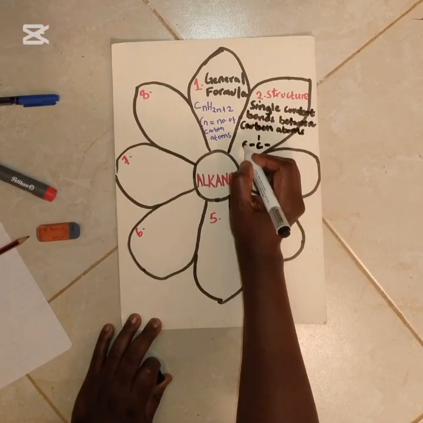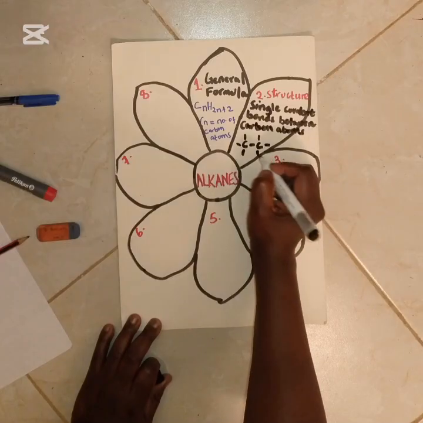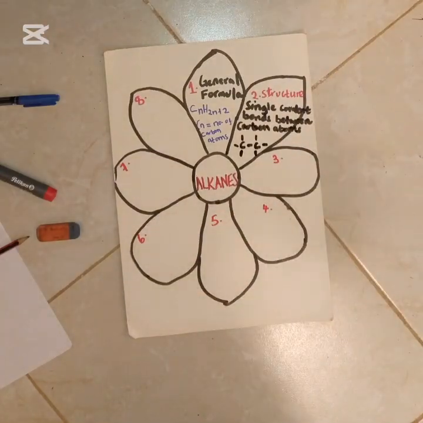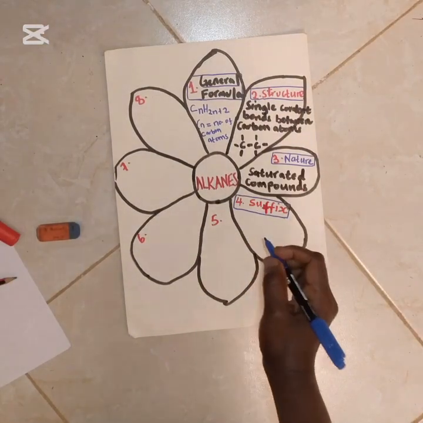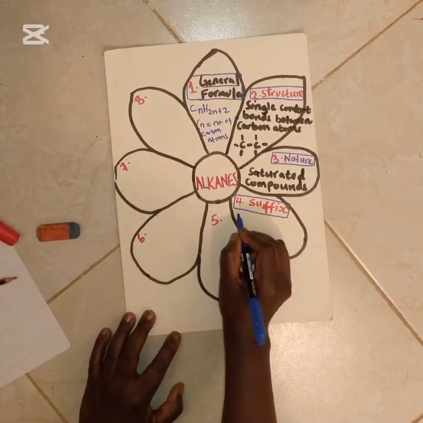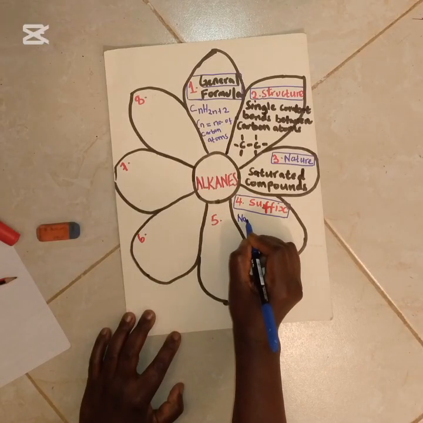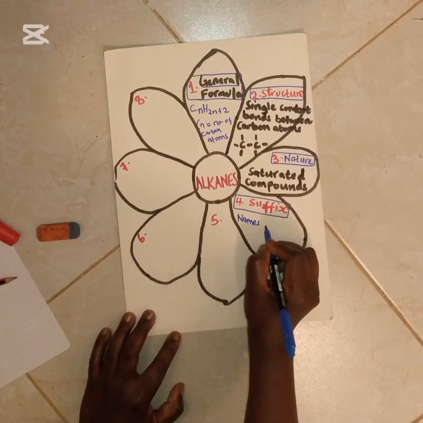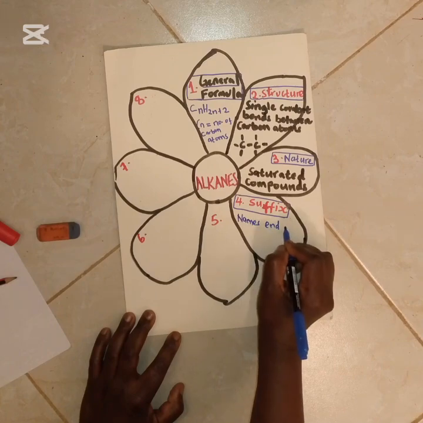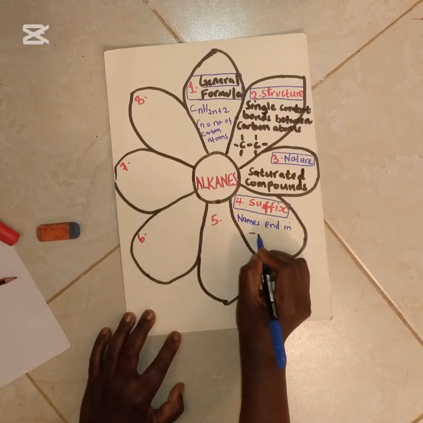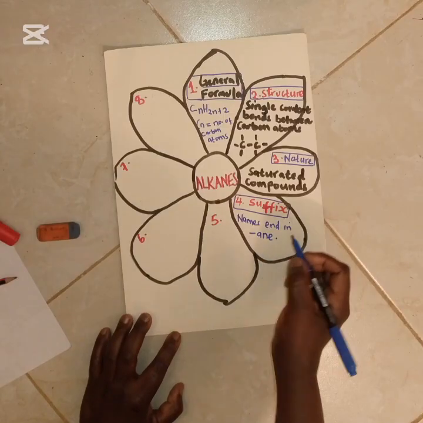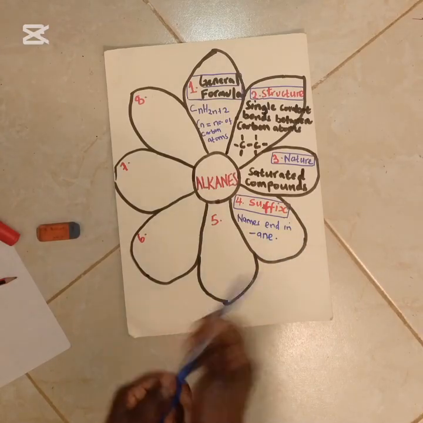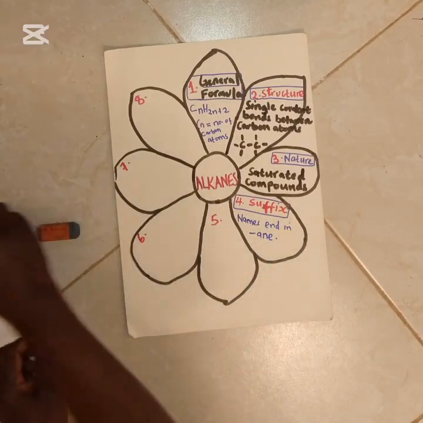You can see that general structure: carbon atoms arranged in a line, and the bonds are single. Then petal 3 talks about the nature. All alkanes are saturated hydrocarbons because they contain the maximum possible number of hydrogen atoms.